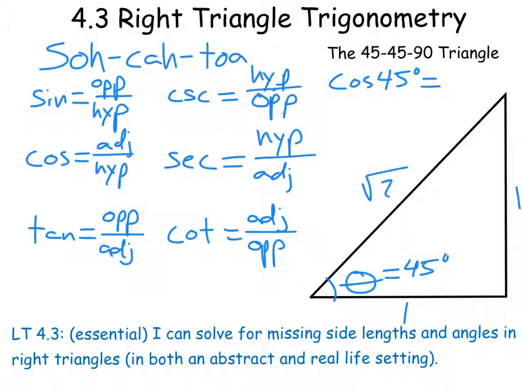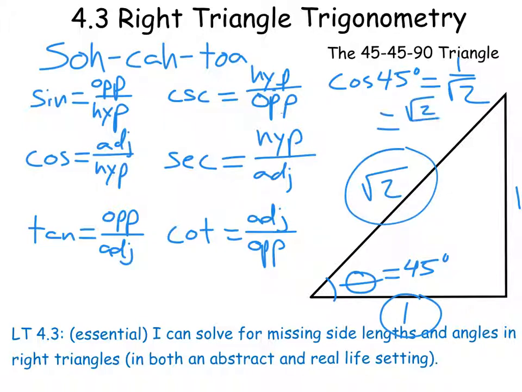And with the Pythagorean theorem you would get that the hypotenuse is the square root of 2. What I want to show you here, because if I use adjacent, which is right here, over hypotenuse, which is there, I get 1 over square root 2, or square root of 2 over 2 when I rationalize it.